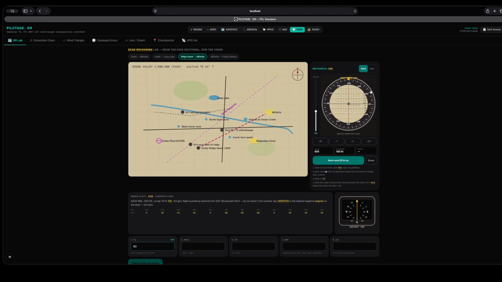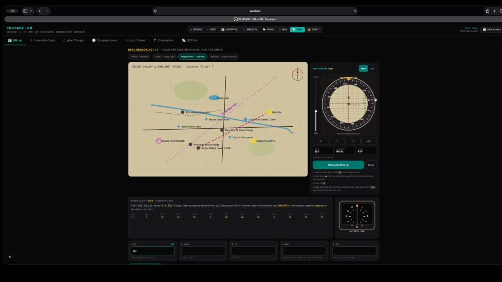Anyway. And then we'll set it to 220 degrees. Excellent. And we can mark it at 25 knots. It does that for us.